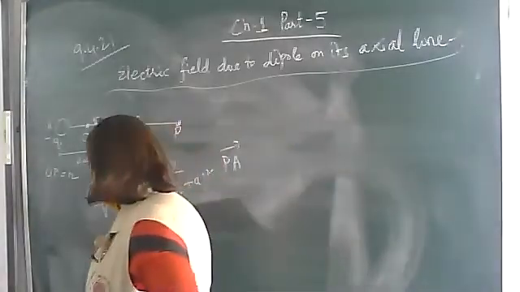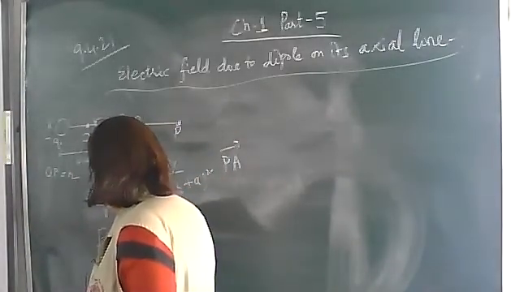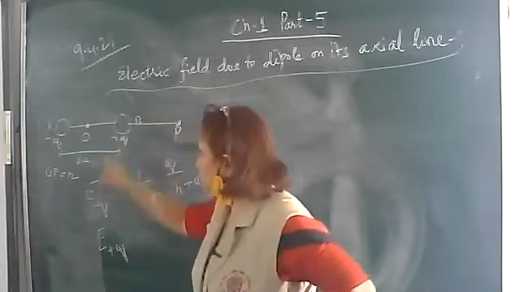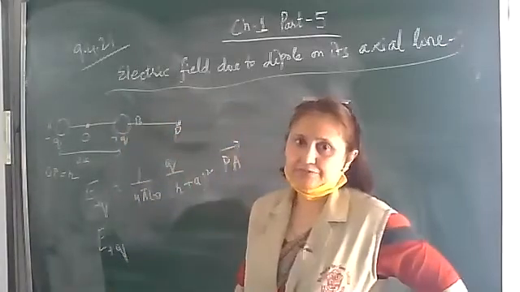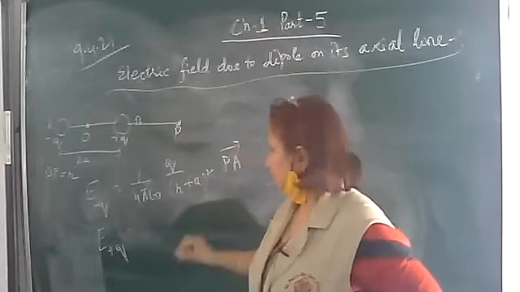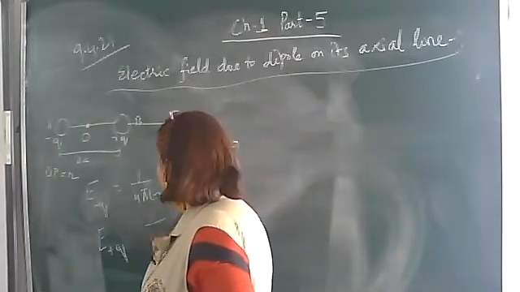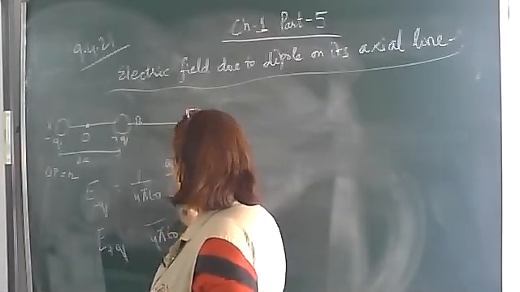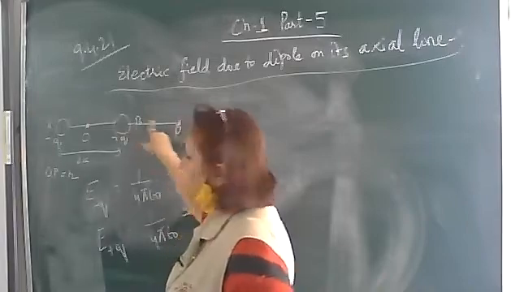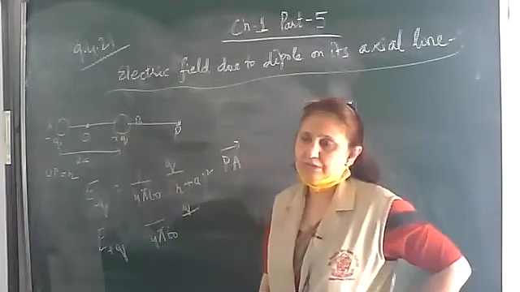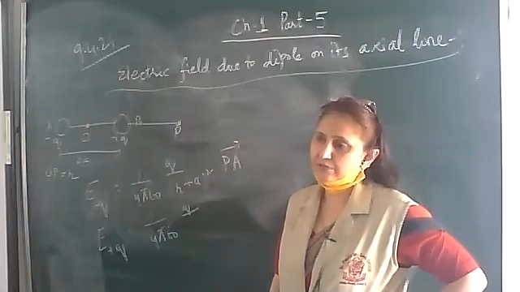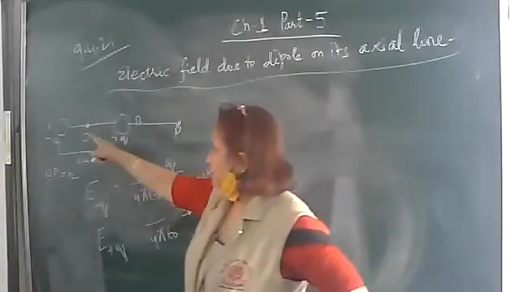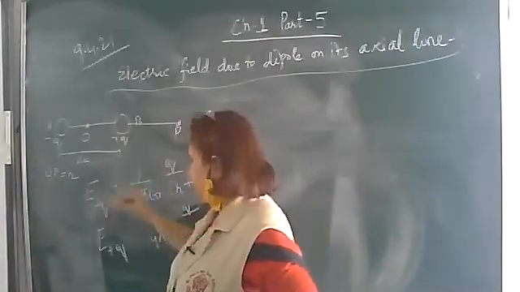Now find out the electric field due to plus q charge at point P. What is the magnitude? 1 upon 4 pi epsilon naught, q upon the distance BP square. How much is this BP equal to? R minus a.